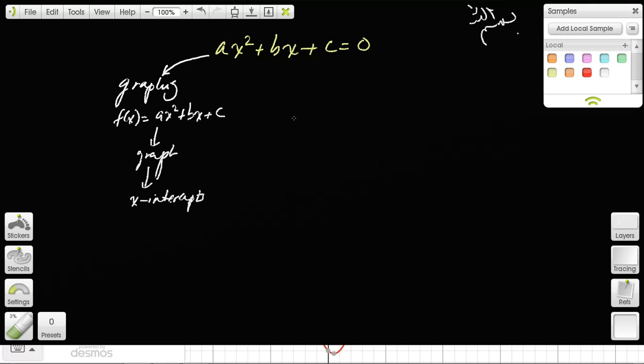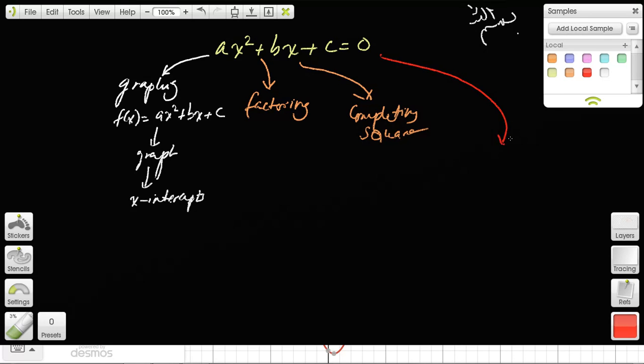Basically you guesstimate it that way. The second way is by factoring. The third way is by completing the square. And the fourth way is by the quadratic formula. Okay, that's easy enough.